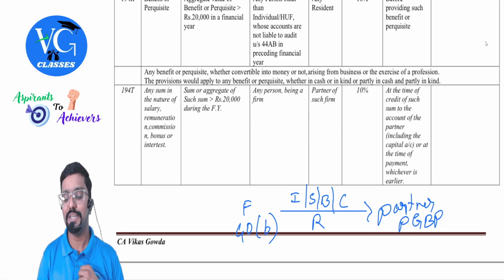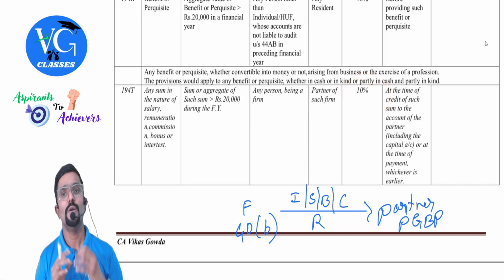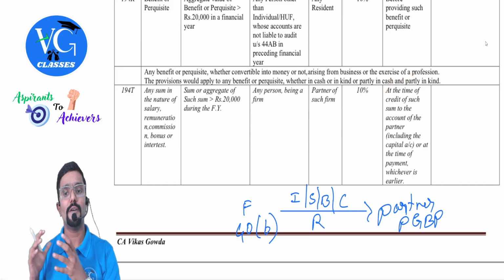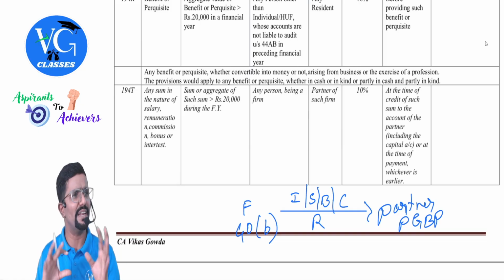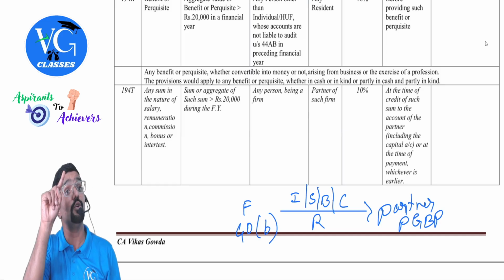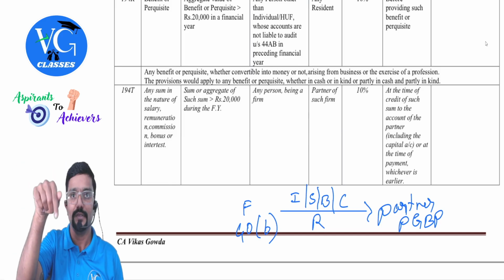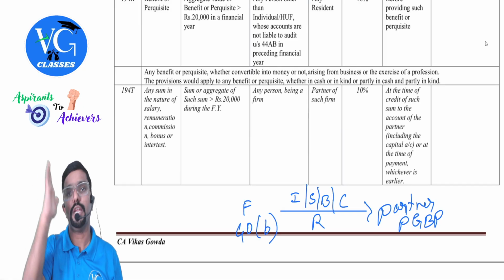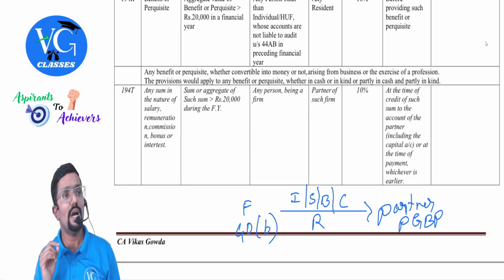How much TDS has to be deducted? 10%. When does TDS have to be deducted? At the time of credit of such sum to the account of the partner, including credit to capital account. Sometimes the partnership firm will give credit to the capital account of the partner, or at the time of payment, whichever is earlier.